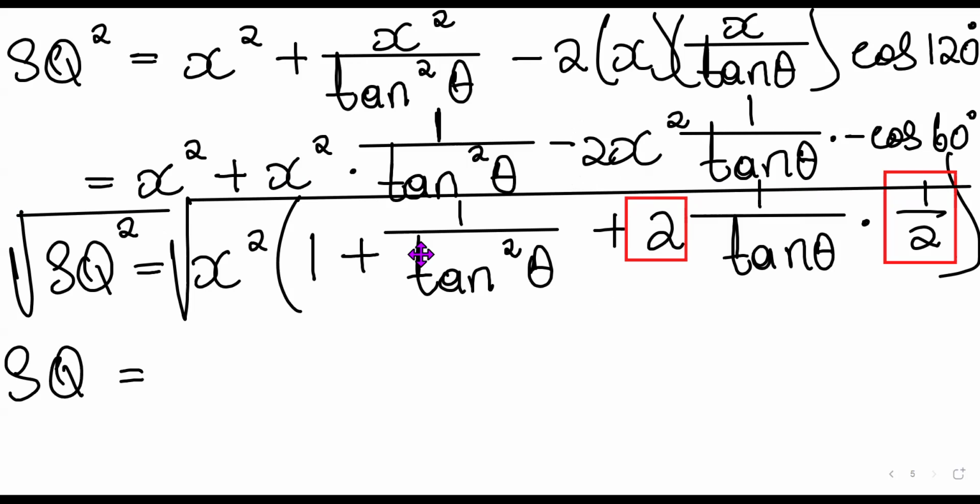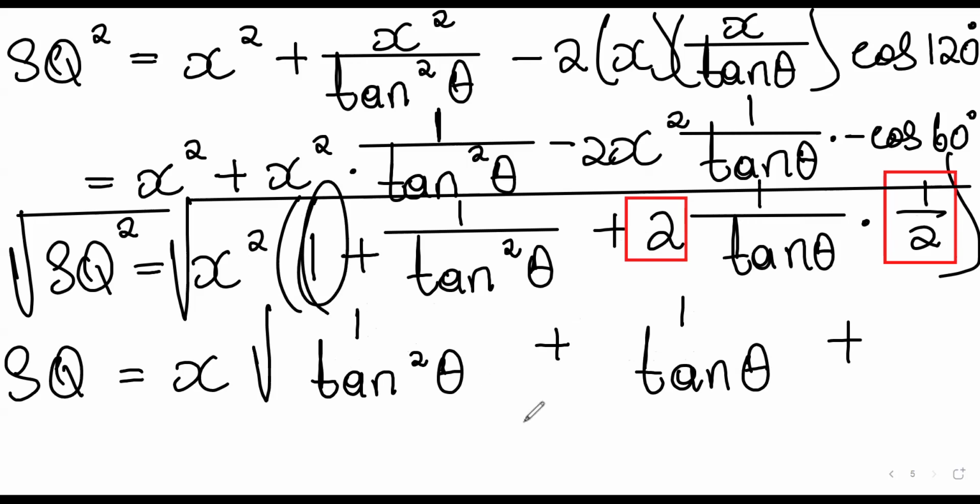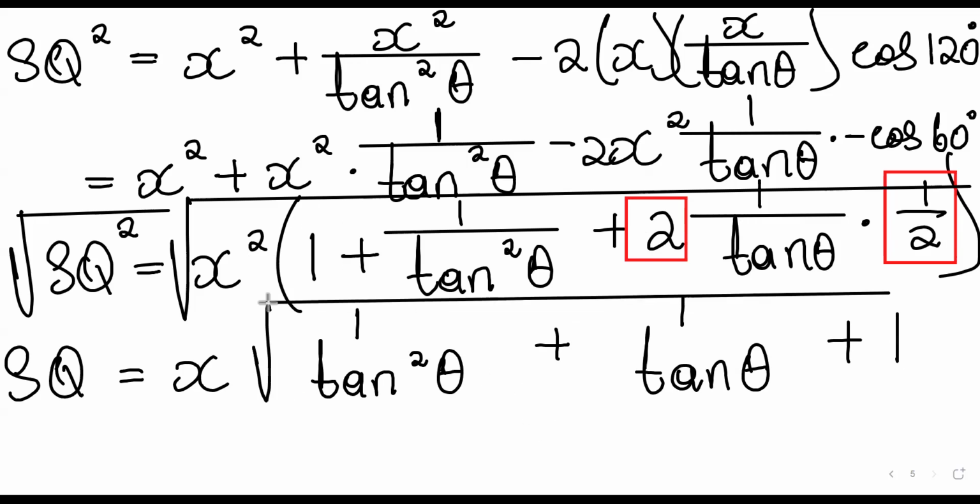Now then, the square root of x squared, that's x. And the whole thing is left as it is. And since they wanted it in a specific order, you can begin with the one that is squared, come back to the one that is not, and lastly, you can write the one here.